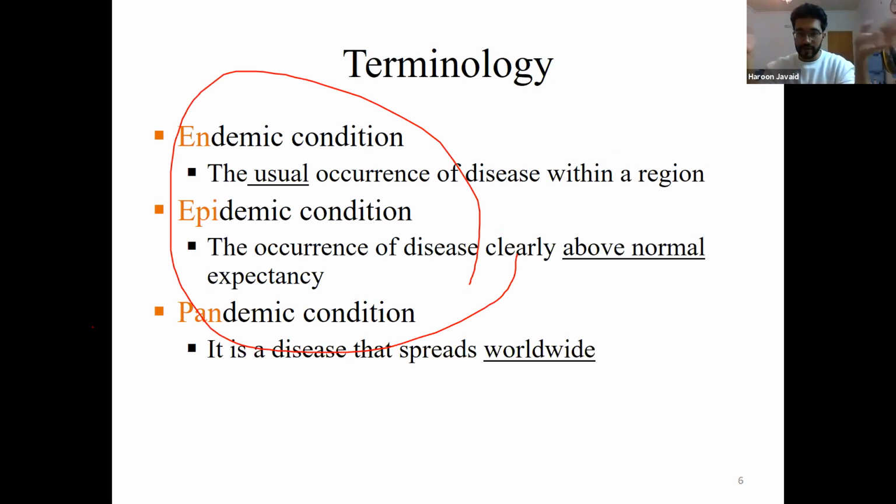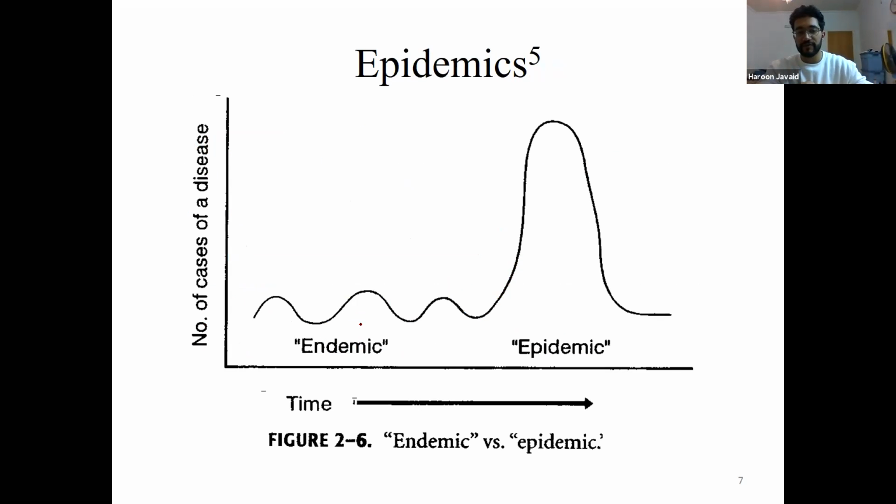Pandemic, entire worldwide. Endemic, it usually occurs in a region. So for example, malaria is a bad example. For example, flu is endemic to Saudi Arabia because the amount of flu is always around 50 or 60. It's a random number I just made up myself. So it's endemic.